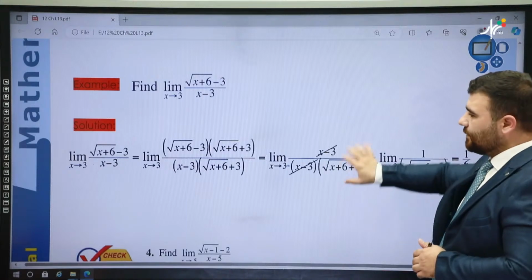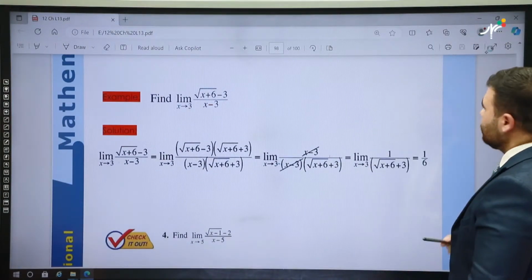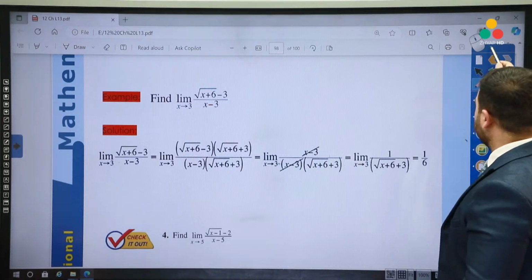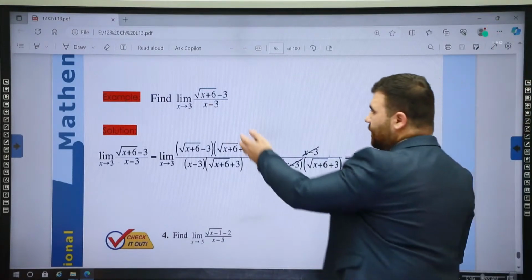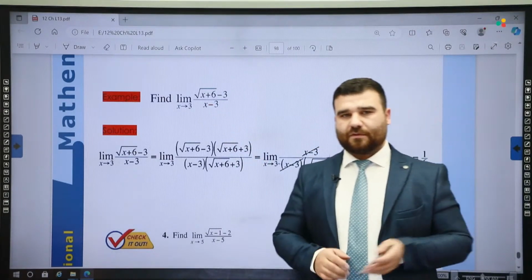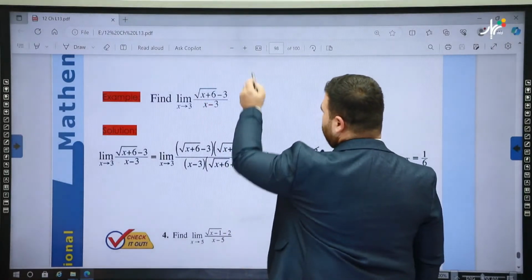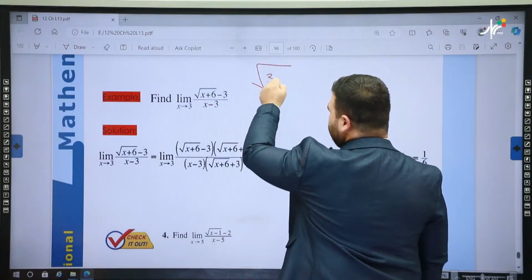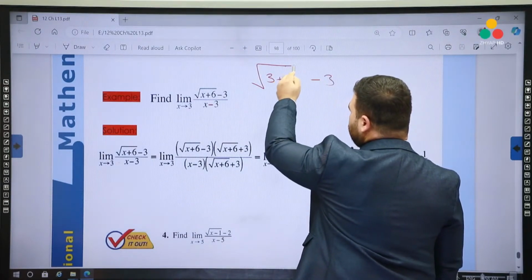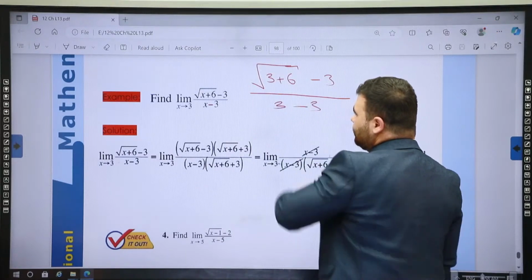This is another case. If I directly put 3 in place of x, I will get 0 over 0. Let's see. If I put 3 in place of x, it will be square root of x plus 6, minus 3, over x minus 3.